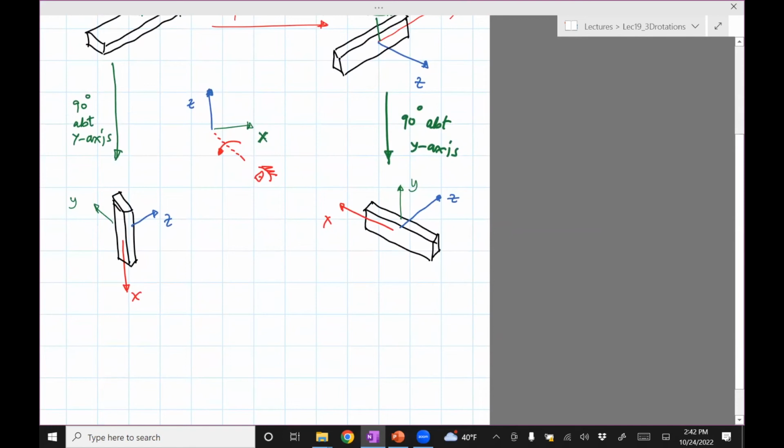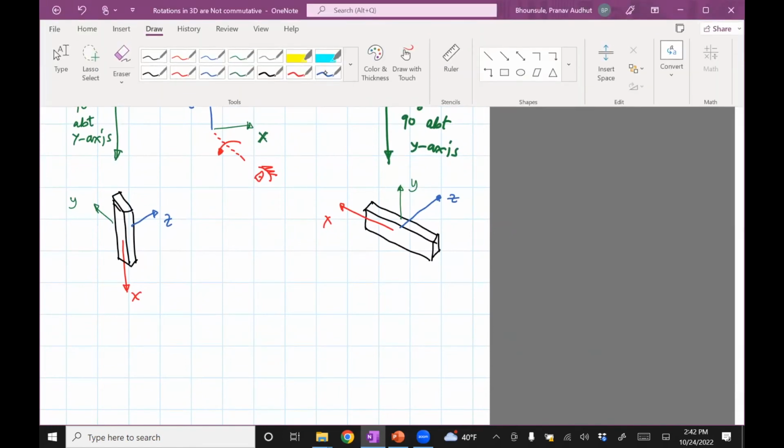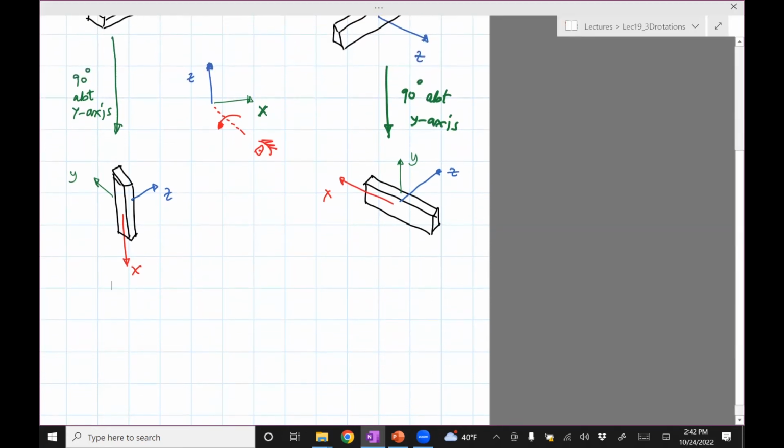Yeah, I'm going to try to do this with an object. I think this is really hard to do on paper. I'm just doing it because people are on Zoom. But I'll use an object and convince you that this works. Let me first finish it this way. Then we do 90 degrees about the x-axis.